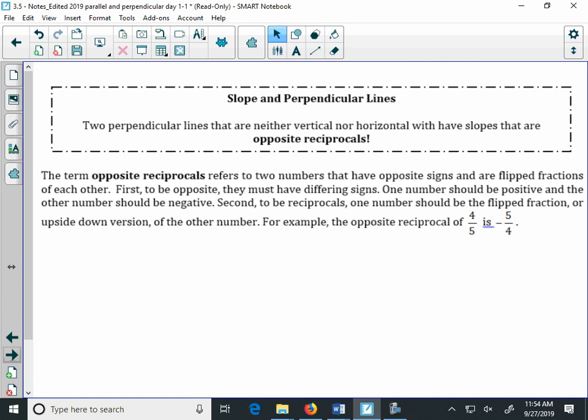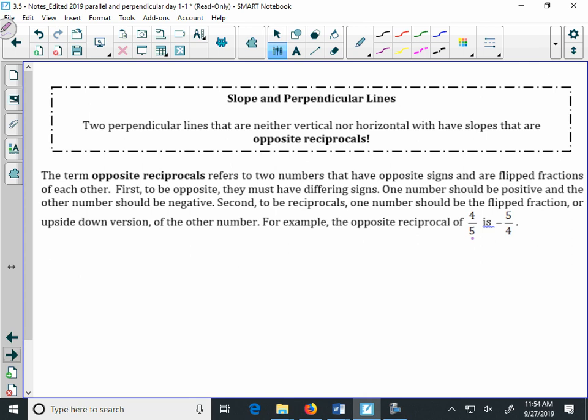Reciprocal means they're flipped versions of each other, or an upside down version of each other. So if we take a look at an example, the opposite reciprocal of 4/5 is negative 5/4. They're opposite signs, and if we flip 4/5, we get 5/4. That's what makes it an opposite reciprocal.